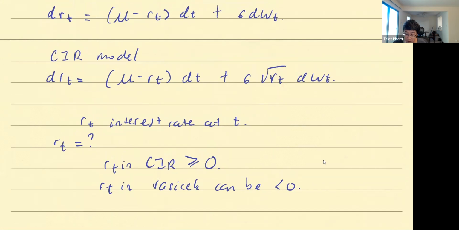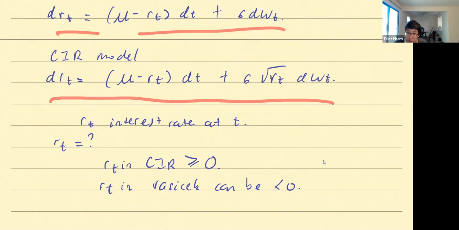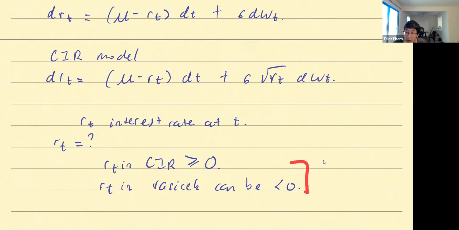The Vasicek can be negative, so it's quite simple, but it has the defect, if you will, of being negative. So all in all, the point being is, without looking at the differential version, we won't be able to tell these kinds of things. And the cost of making a model more interesting and more workable is that you may have to forego knowing what it is explicitly.